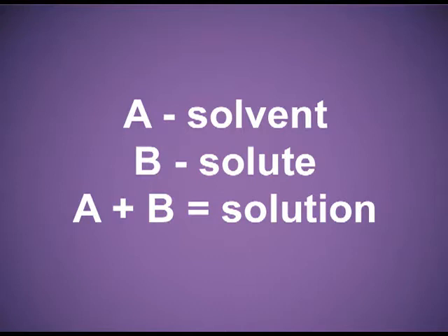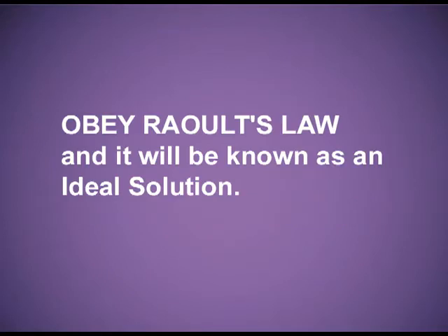Before explaining each type of solution, let me tell you I am taking A as solvent and B as solute. And when I mix solvent and solute, that is A plus B, I will get a solution. Ideal solutions are solutions which obey Raoult's law. Now, why does it obey Raoult's law?